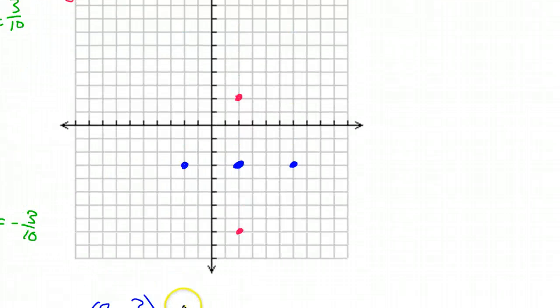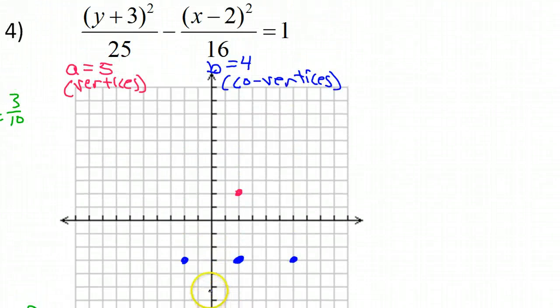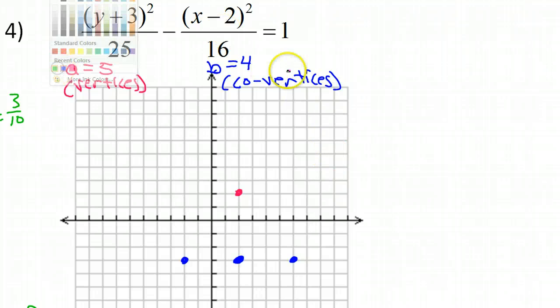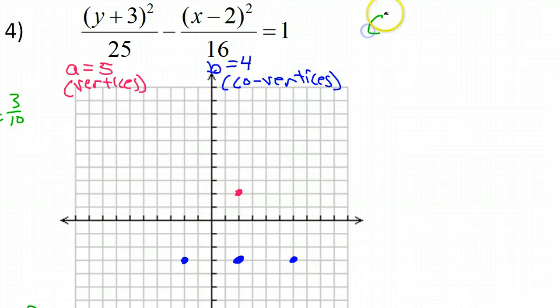Now for the foci. For the foci, we are going to have that c value. Remember, c squared is equal to a squared plus b squared for hyperbolas. For ellipses, it was minus. It's not just your imagination.